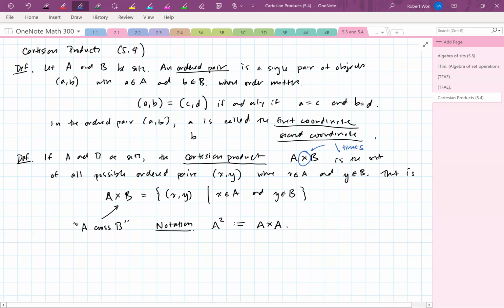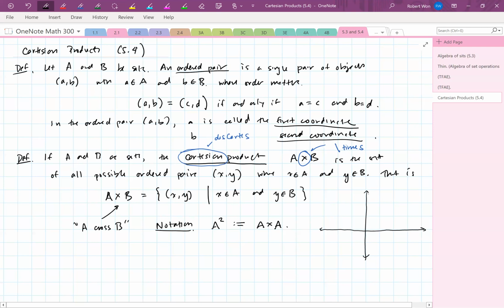And then last commentary, Cartesian, this is of course named after famous French philosopher René Descartes, because maybe you've seen Cartesian product, or maybe you called the xy plane the Cartesian plane, also named after René Descartes, who invented it.